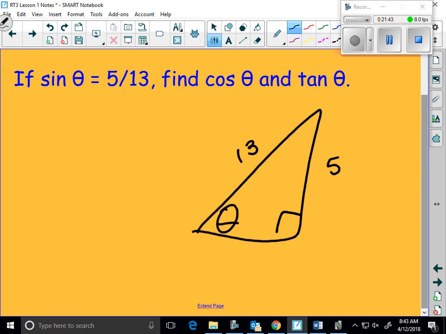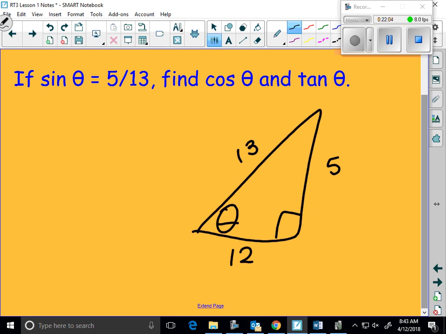Could you figure out the third side? Using what theorem that rhymes with Pythagorean? Pythagorean. So this side, if you remember, although not drawn to scale, a 5, 12, 13 is a right triangle. What is it? Pythagorean triple, yeah, that.